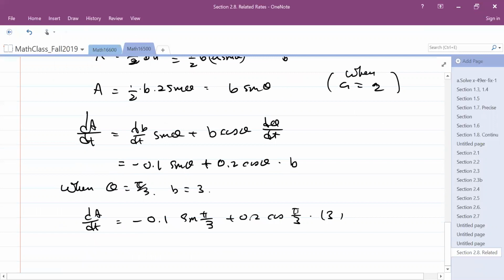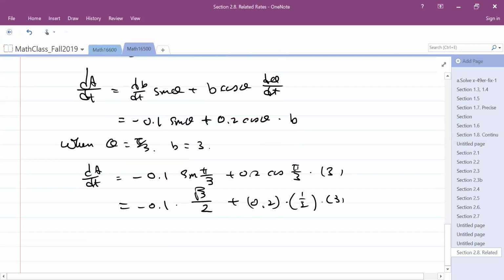Sine 60 degrees is square root 3 over 2, and 0.2 times 3, cosine 60 degrees is 1/2. So you can simplify a little bit. That is going to be the rate of changing area.